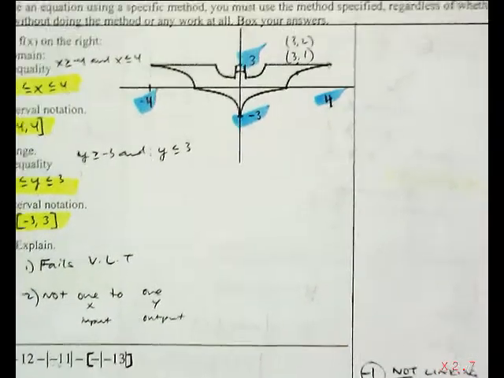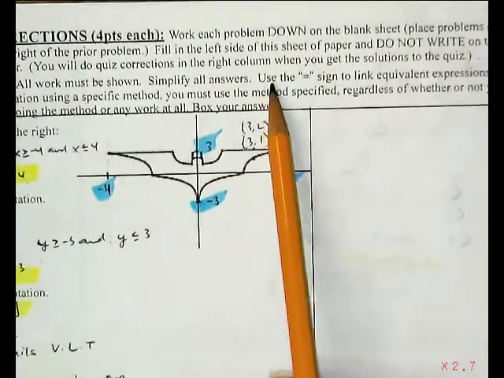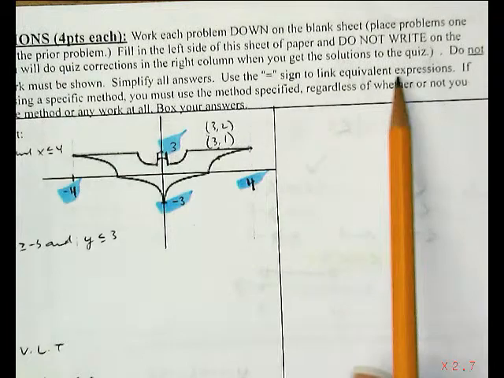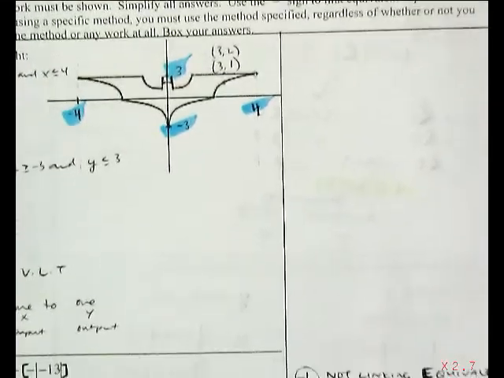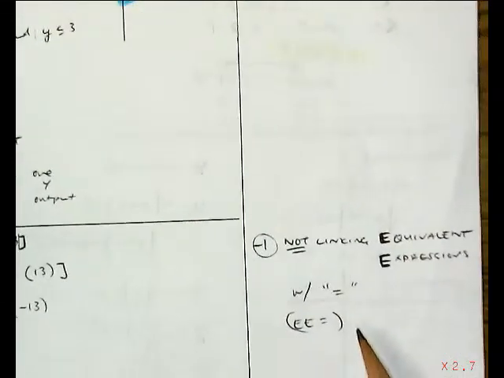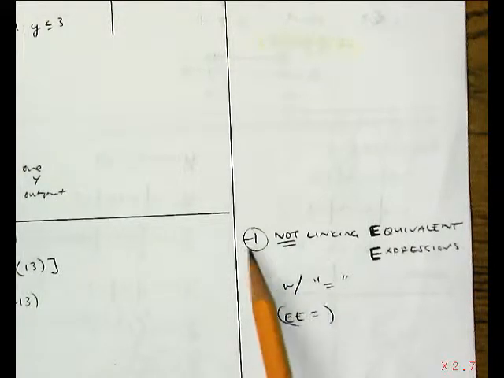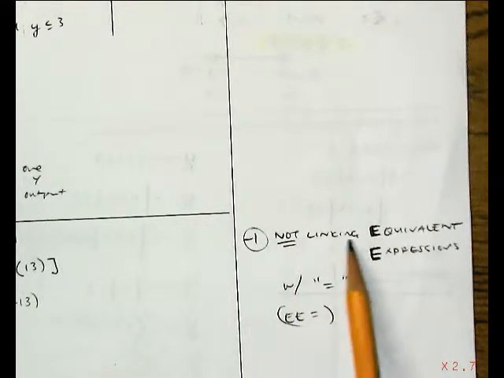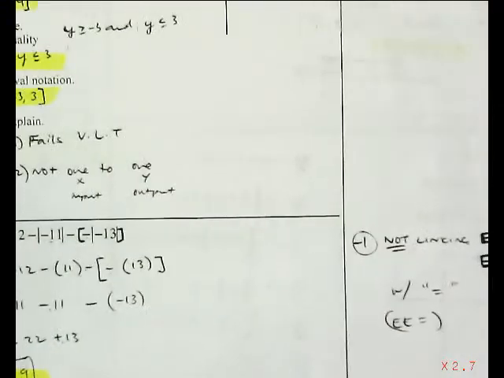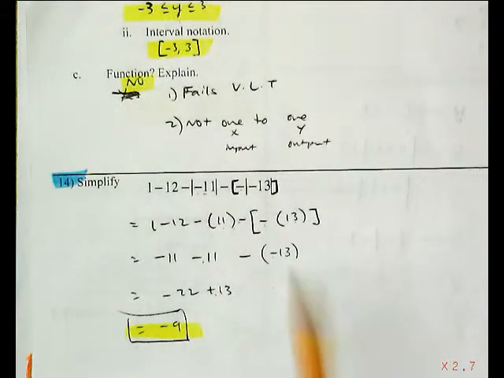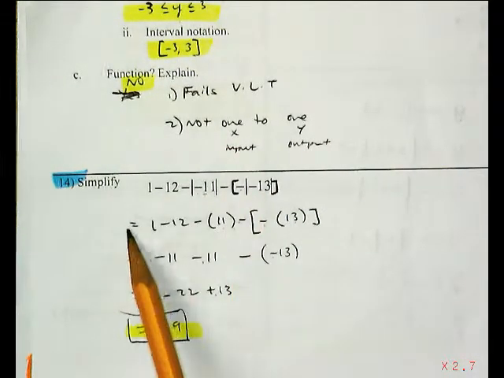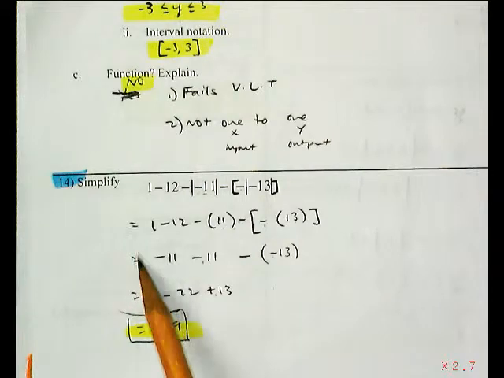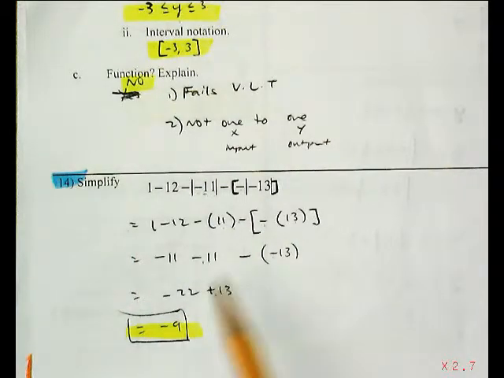And my directions up here said to use the equal sign to link equivalent expressions. So if you saw this on your paper, I'm starting to mark you off points. -1 for not linking equivalent expressions, -1 for EE. So that essentially says this expression is equal to this expression. So you should have equal signs all the way down.